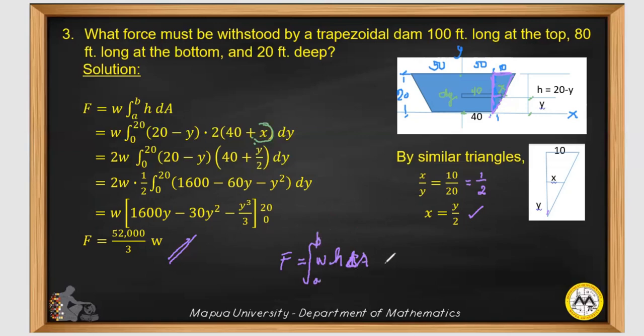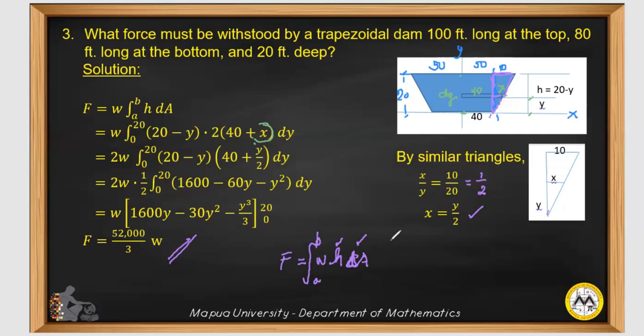But of course, our focus is on the rectangular element if we want to get h and the differential of the area. So easily we were able to get the force due to liquid pressure.